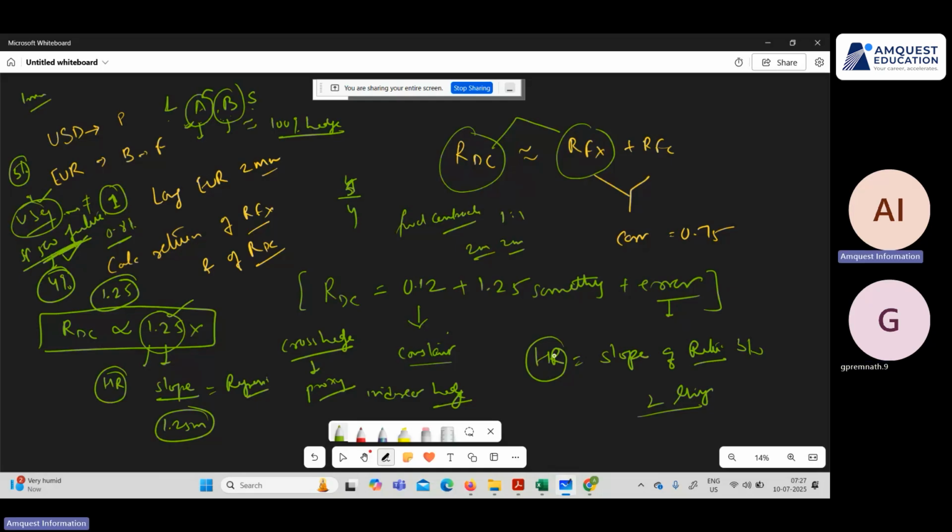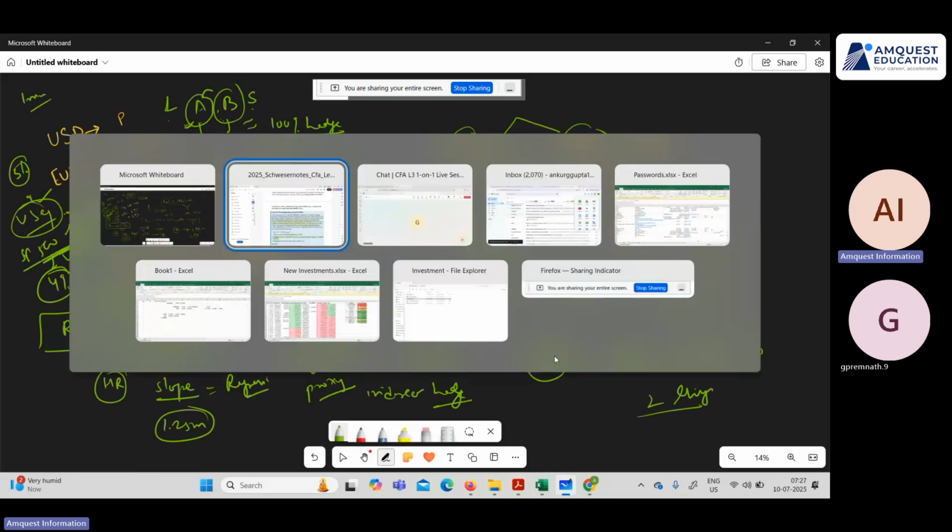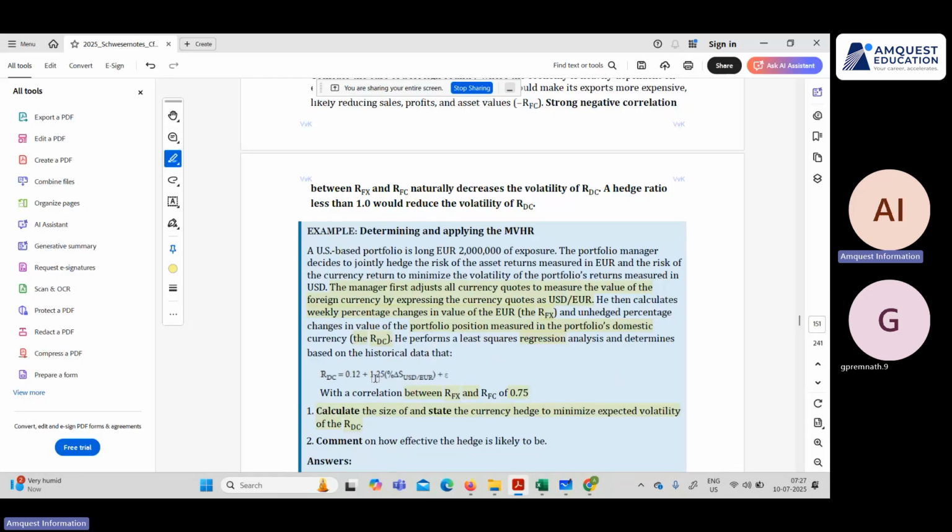Okay. So this is what it exactly says. When it did the regression between these two, it realized that the hedging factor is 1.25, but then it didn't tell you in exact words that the hedge ratio is 1.25. It gave you an equation, but since we know that the hedge ratio is the regression slope, we know that this is the hedge ratio. So the point is, they're saying that they're long 2 million.